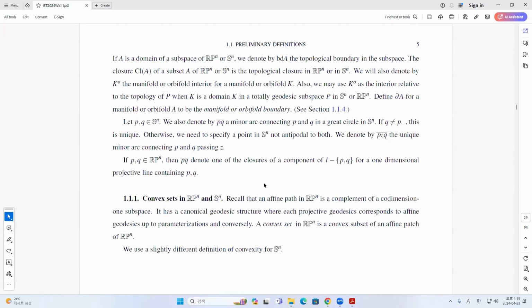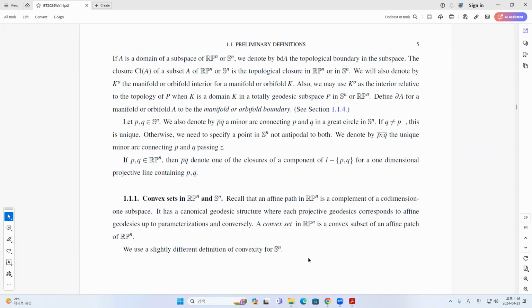Now convexity in RP^n or S^n. You have an affine patch in RP^n, which is the complement of a codimension one subspace, and it has a canonical geodesic structure where each projective geodesic corresponds to an affine geodesic up to parameterization, and conversely. A convex set is a convex subset of an affine patch of RP^n.